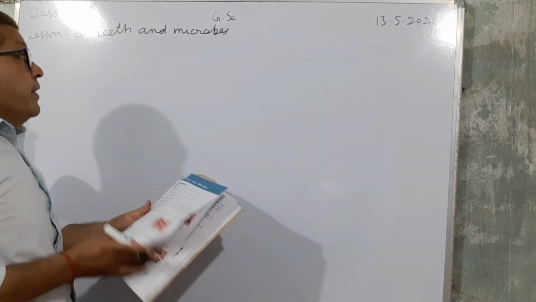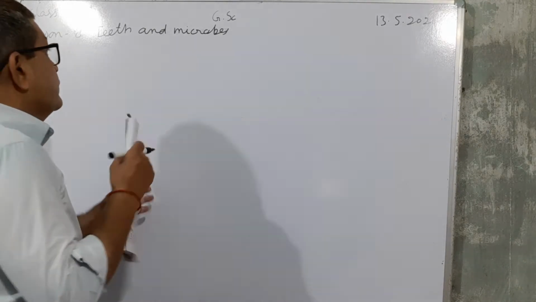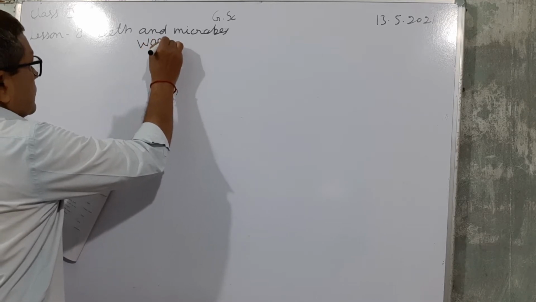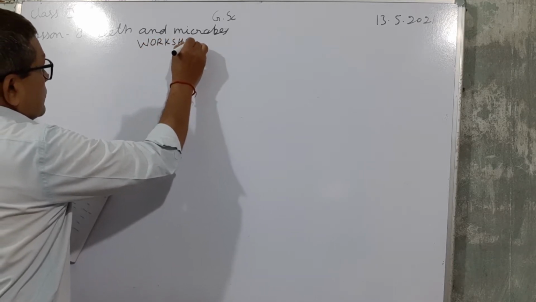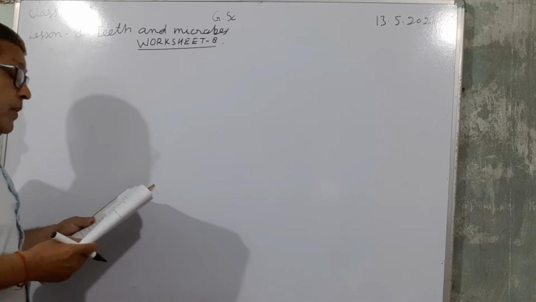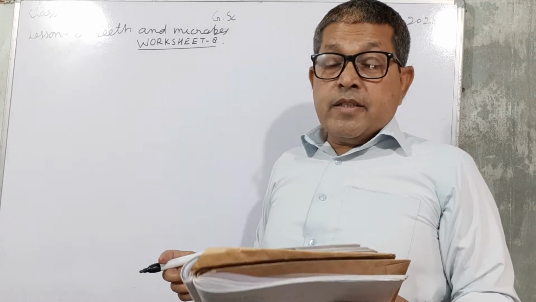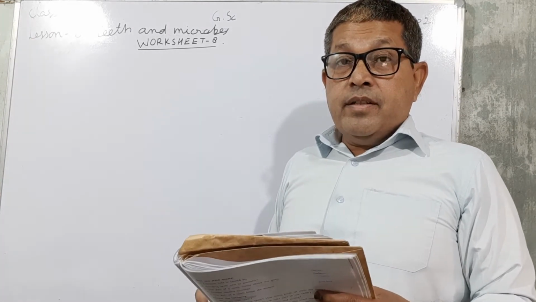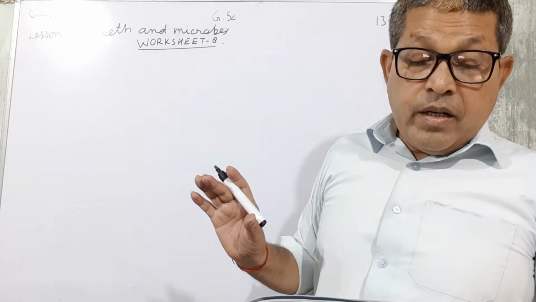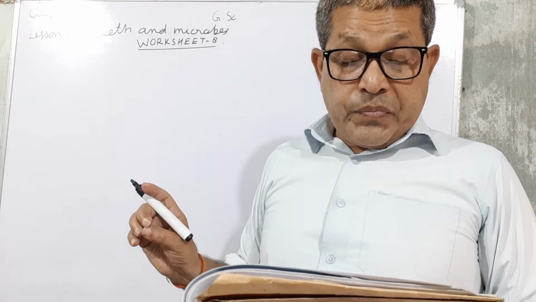Microbes and worksheet 8. We have completed fill in the blanks, in which we have studied the 5 questions, and next after that take the right answer, in which also 5 questions.